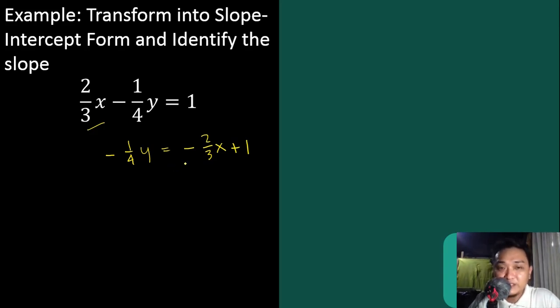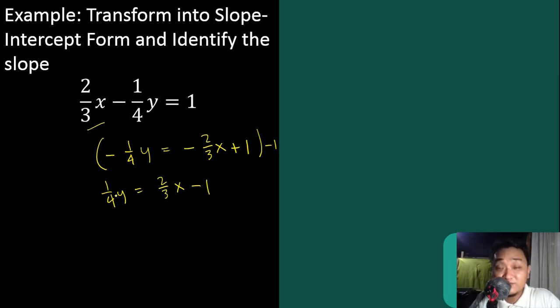Para hindi magsabay-sabay yung mga operations natin, hindi tayo masyado mahirapan, multiply muna natin lahat kay negative 1. Pareho din yan kapareho lang din yan nung nag-multiply ka both sides by negative 1. So this becomes positive 1/4 y. This becomes positive 2/3 x minus 1.